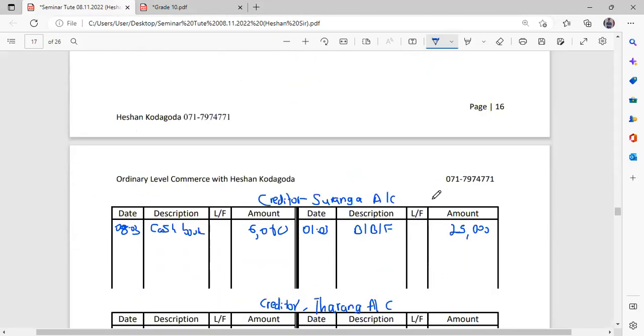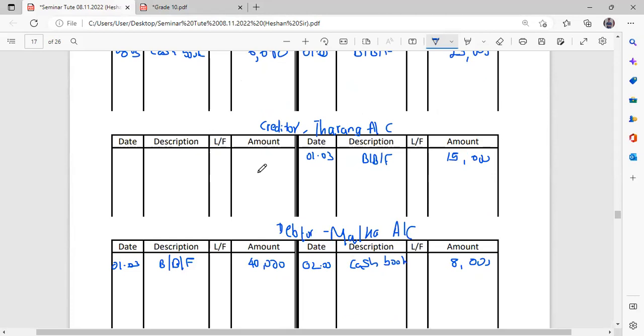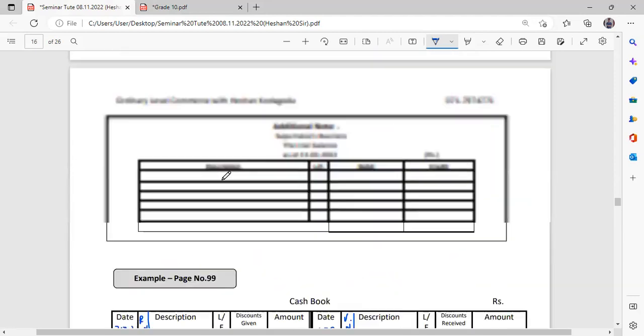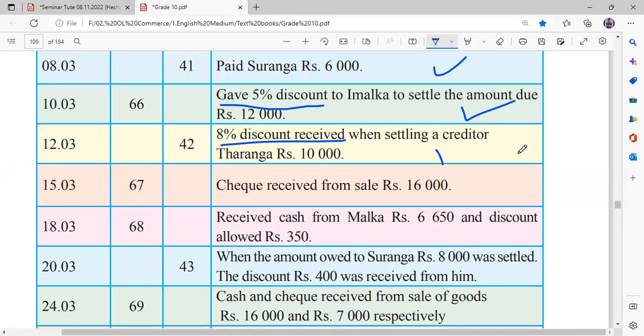This is recorded in Taranga's account. On March 12th, cash book 9,200. We record the discount later. Now the other one is finished.